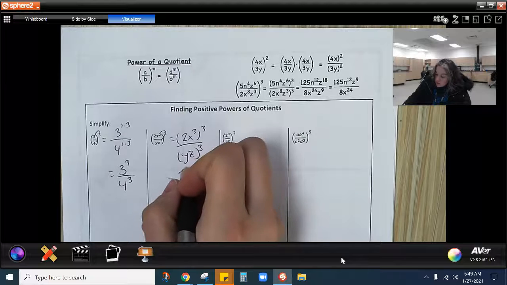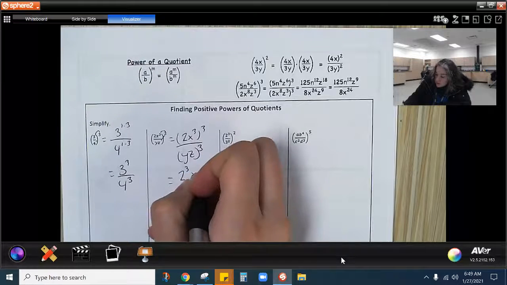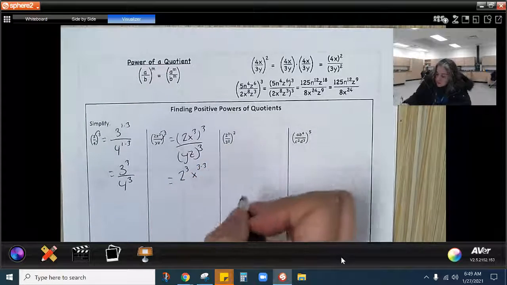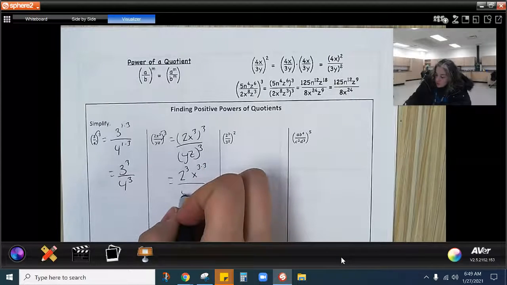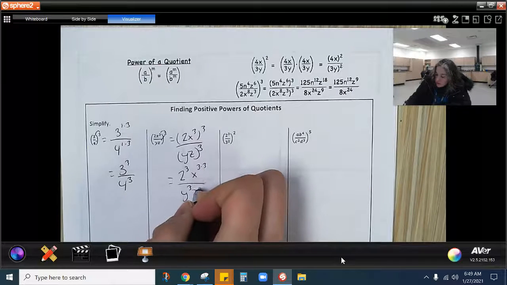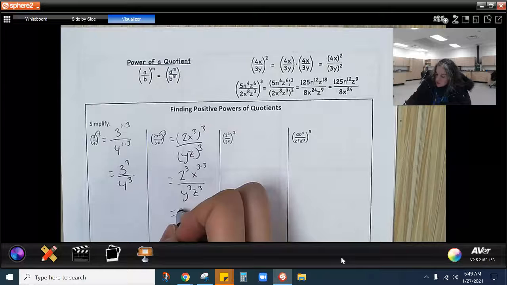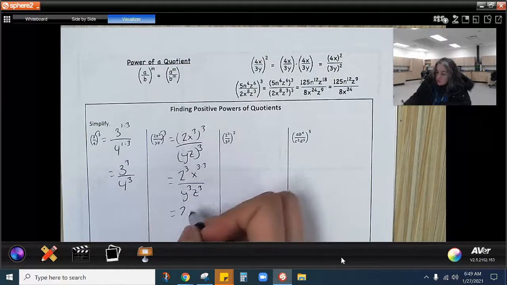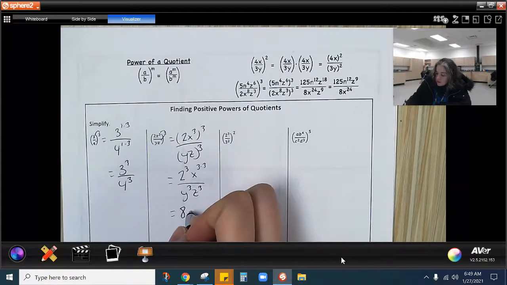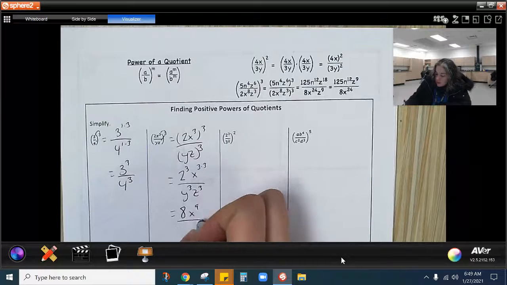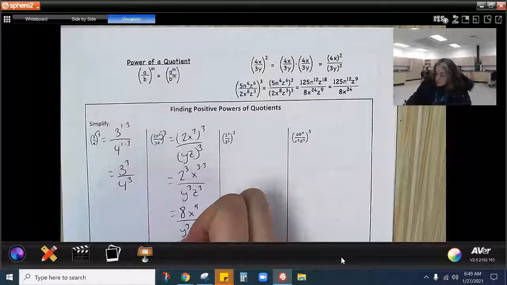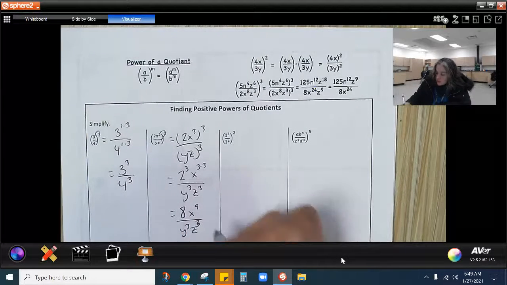So this is really 2 cubed times x to 3 times 3 over y cubed z cubed. So this is really 2 to the third power is 8. And then we've got x to the 9th over y cubed z cubed.